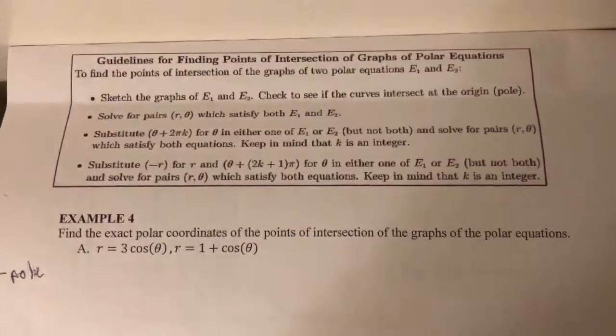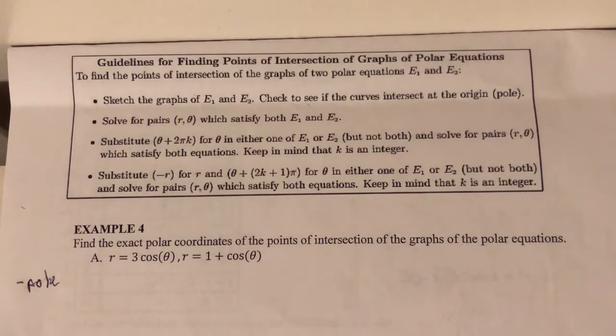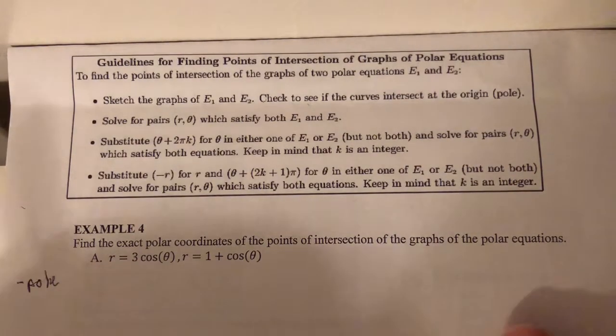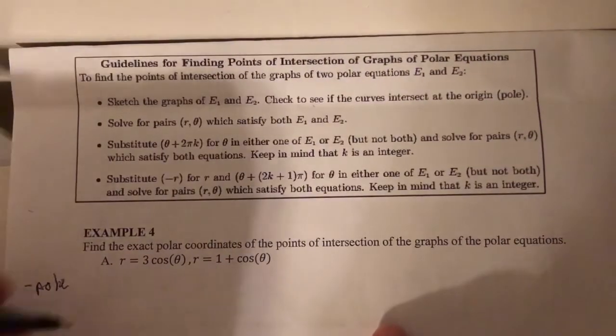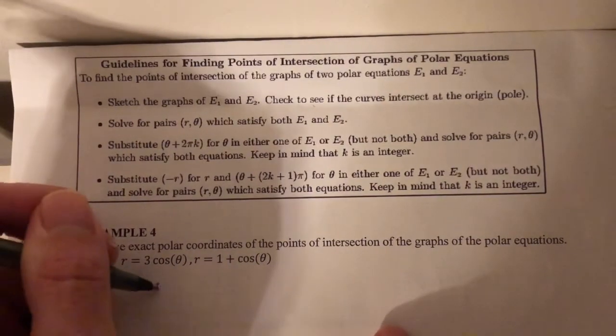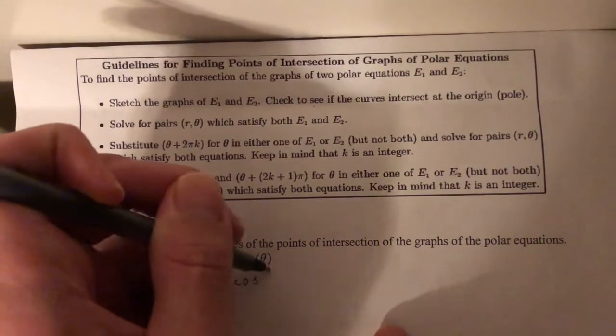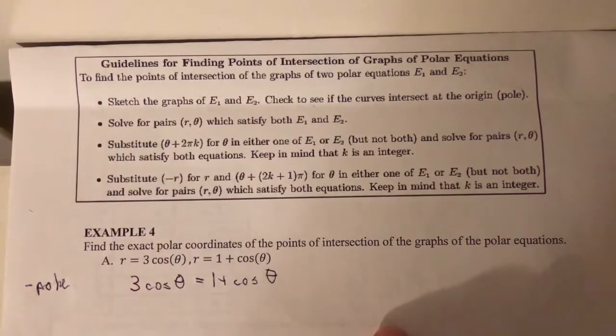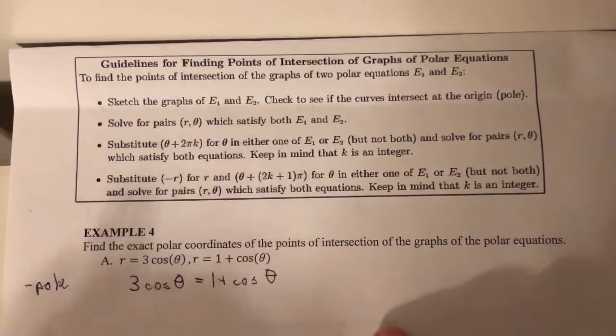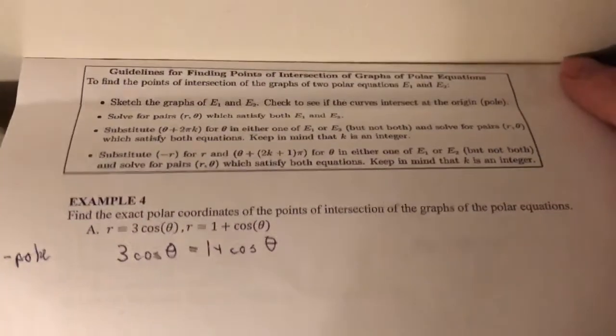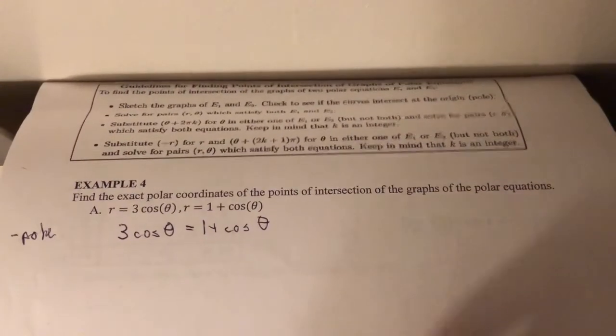So what I'm going to do is set equation 1 equal to equation 2. I'm going to set 3 cosine theta equal to 1 plus cosine theta. And this corresponds to bullet point number 2. So we're trying to solve for pairs that satisfy both the first and the second equations here.